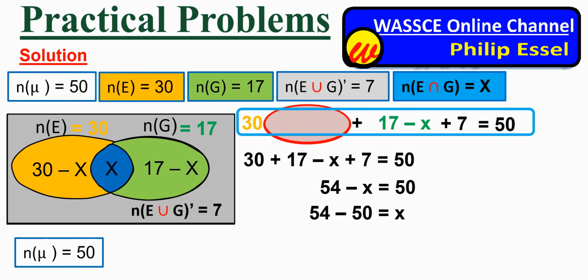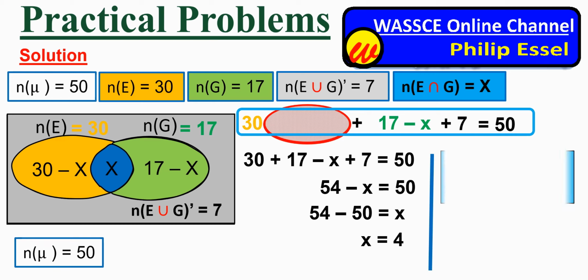Therefore, our x is also equal to 4. So finally, we've been able to determine the value of x. As we already know, x is the number of students who read both economics and government at the same time. Therefore, the number of students who studied both economics and government at the same time is equal to 4.